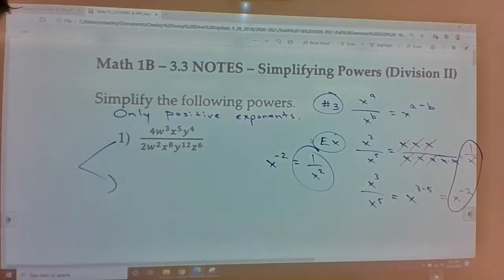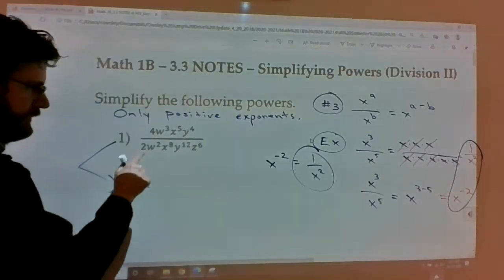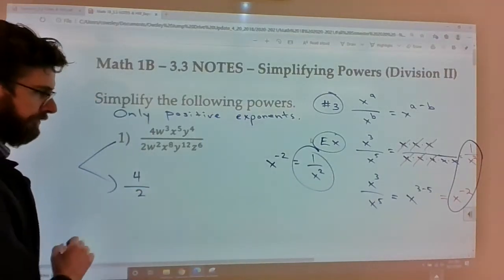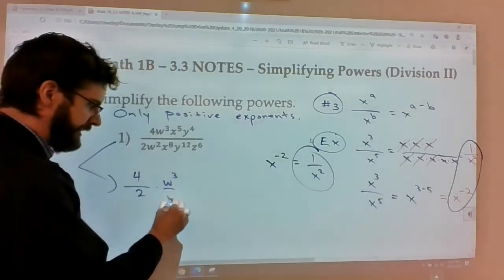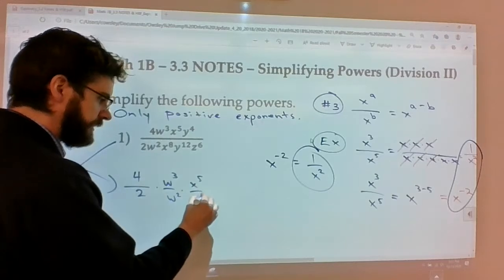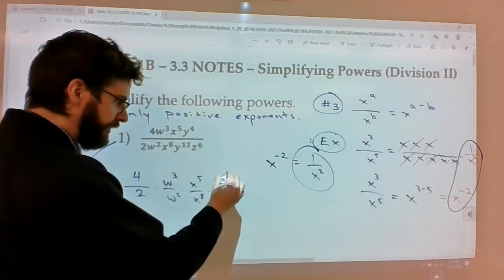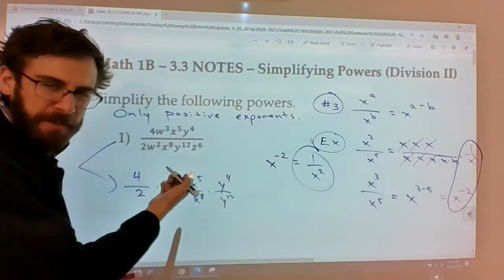Well, for our first example, I can split this up into the coefficient divided by the coefficient. I can split this up into the w's divided by the w's, the x's divided by the x's, the y's divided by the y's, and then the z's are on bottom, there's nothing else.